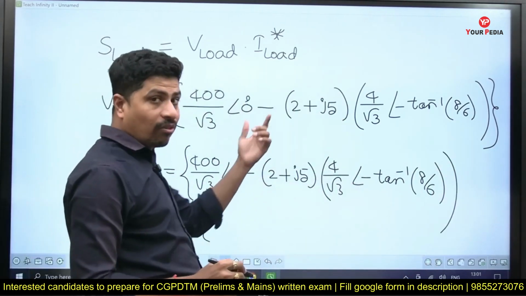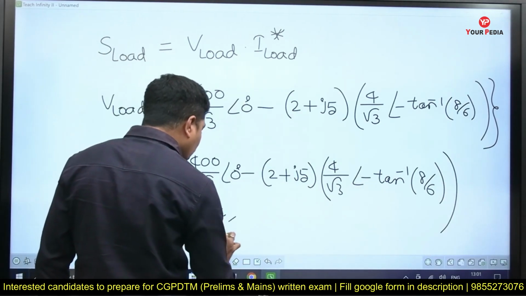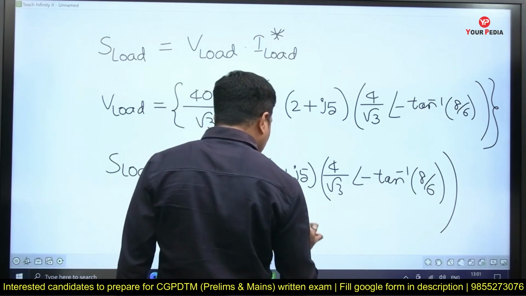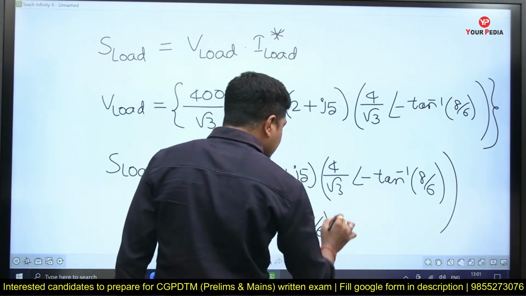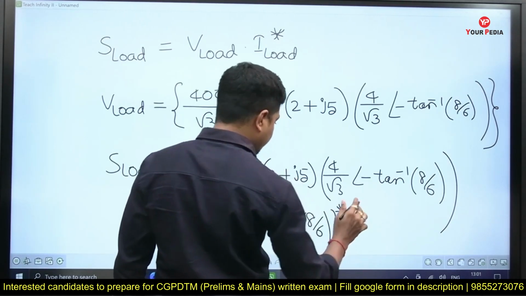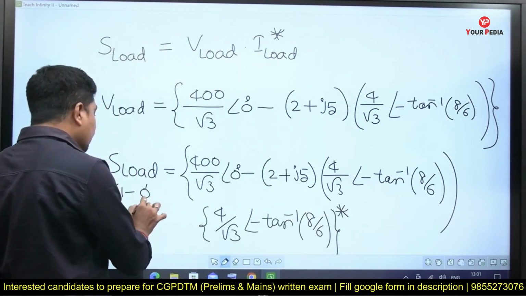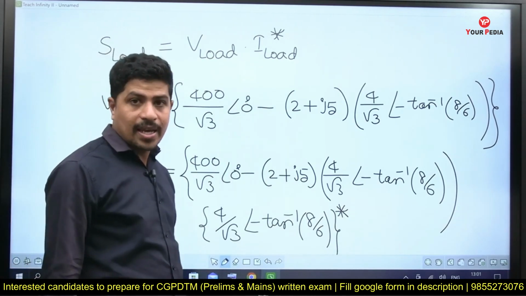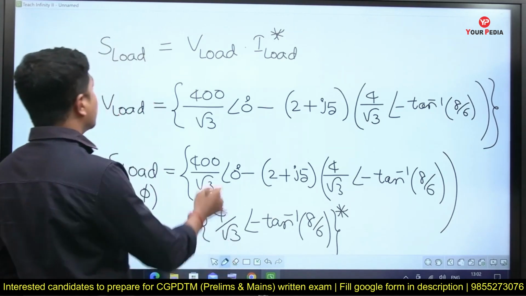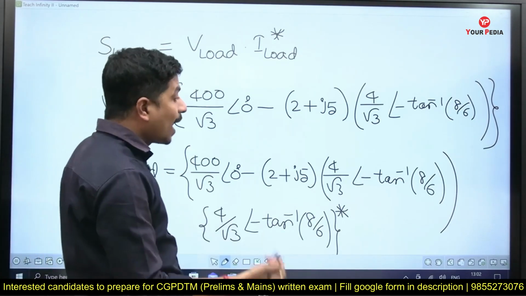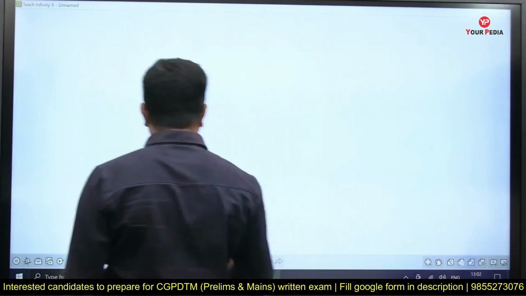What is I of phase A? 4 by root 3 at an angle of minus tan inverse of 8 by 6, whole conjugate. This is S of one phase, not total. Sir, I want it for three phase, what to do?